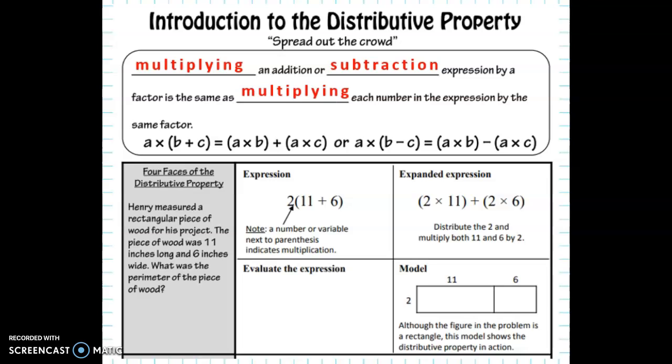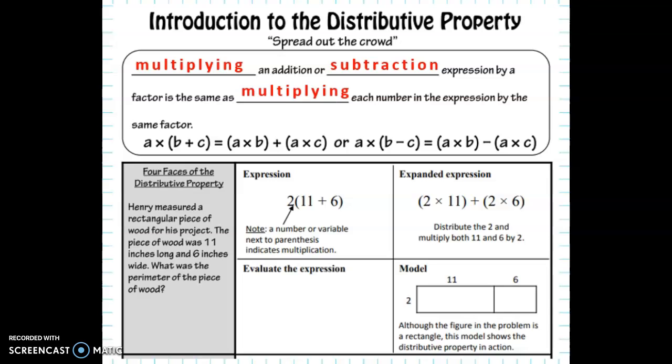In this example here, we have 2 times (11 plus 6). Any number or variable beside a parenthesis means to multiply. This expression is in factored form.